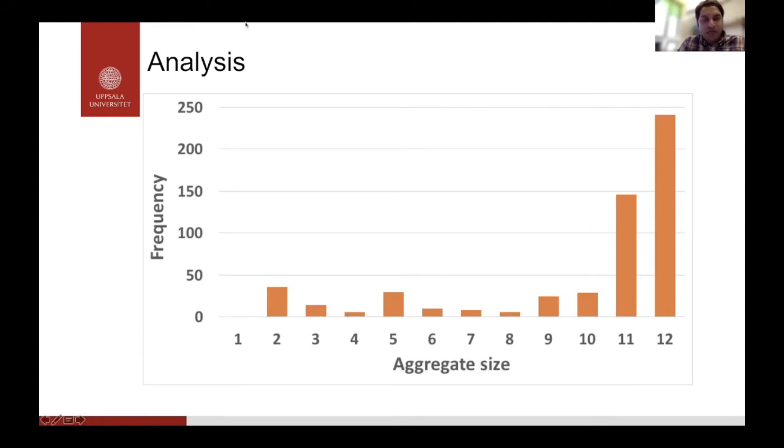I didn't plot the monomers here because they would be much higher. So this is very important information to understand whether a peptide molecule is aggregation prone or not. For example, since the 12-molecule aggregate size is the most frequent here, it suggests that this peptide, made up of these 5 amino acid residues, is quite aggregation prone.